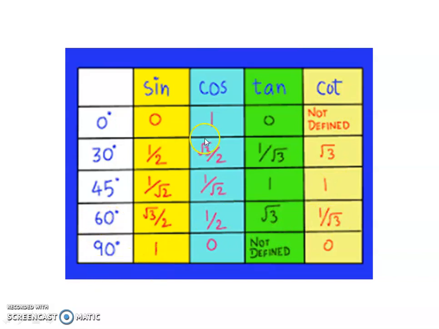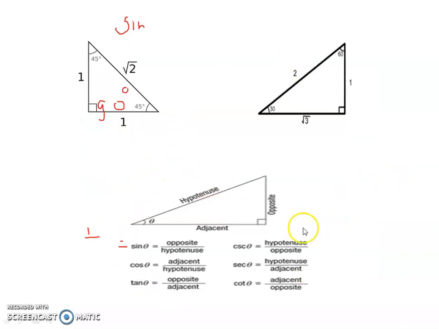Sine 90 is 1, cos 90 is 0, tan 90 is not defined and cot 90 is 0. So using these diagrams only we establish the table. It is the trick to remember all the values of sine, cos, tan, cot, sec, cosec for the angles 0, 30, 45, 60 and 90.